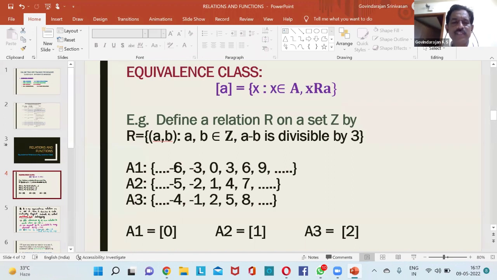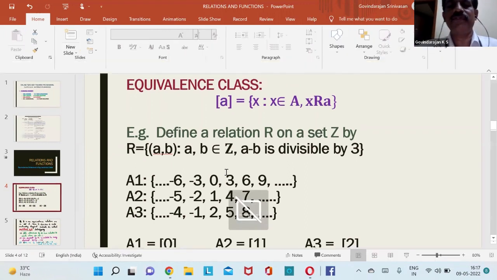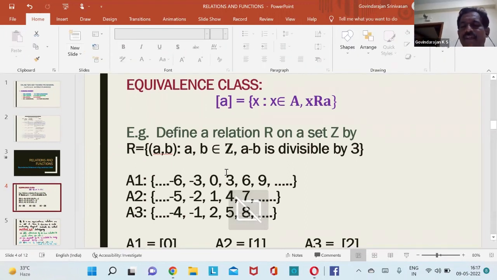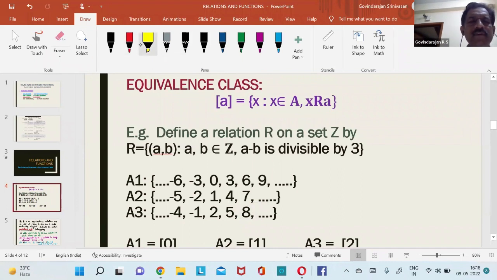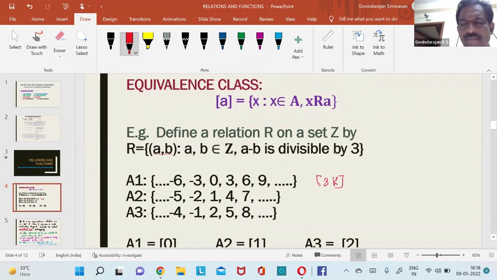This is called the equivalence class of 0, or we can write the equivalence class of 3, or of 6, or 3 times k, where k is an integer. So we can write the equivalence class of 3k or the equivalence class of 0.